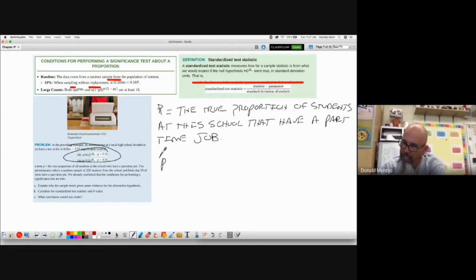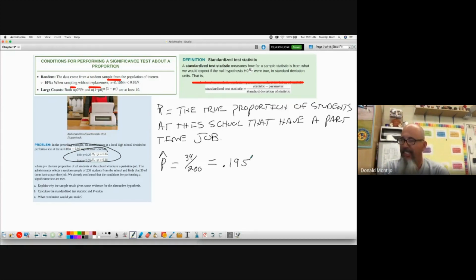So p hat, the sample proportion, is 39 over 200, or 0.195. So p hat is 19.5%. We're testing the null of p equals 0.25 versus the alternative that p is less than 0.25. So we suspect that less than 25% of our students are actually working.